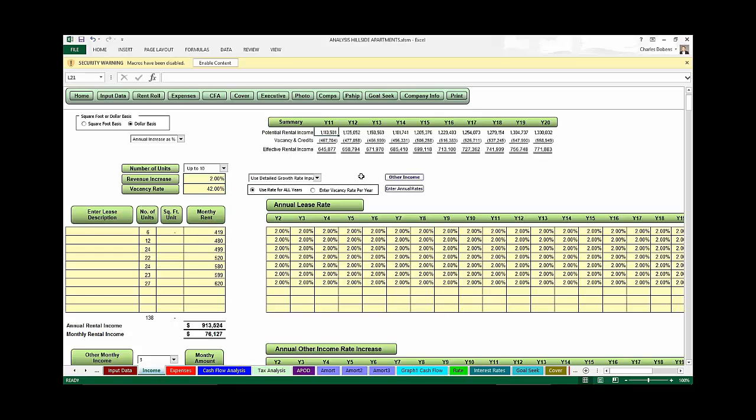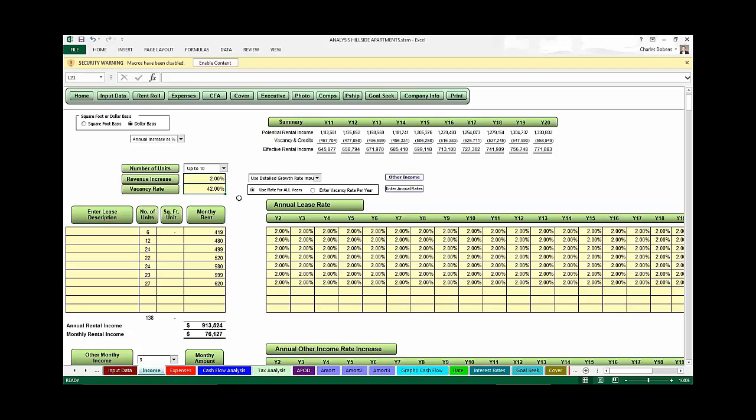That means if the property is running well, you're looking at a $1.113 million gross potential income. According to their trailing 12 financials, or 9 months of the trailing 12, it's going to collect $645,000. To get from 1.113 to 645, I need to collect 42%. I need to input a vacancy rate of 42%.